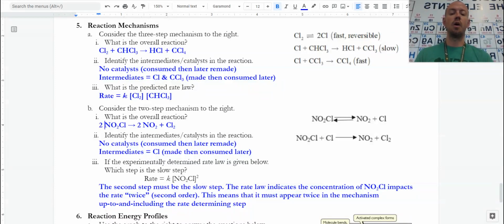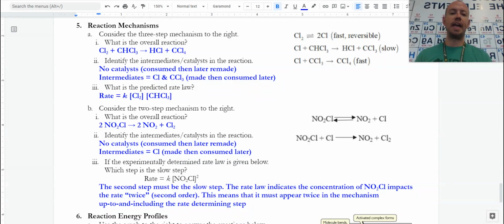So here we are going the other way. Maybe in a previous step, we are doing a differential or integrated rate law. Maybe we've got a nice curve that is flattened out by 1 over the concentration of NO2Cl. So we know that it's second order. So if it is second order, we have to think about, what does that mean for this reaction?